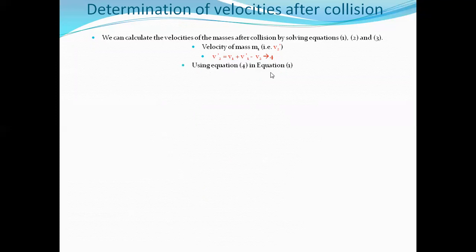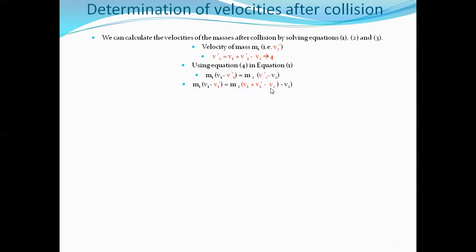Using equation 4 in equation 1, what was equation number 1? It was m1 into (v1 minus v1 dash) is equal to m2 (v2 dash minus v2). Putting the value of v2 dash in this equation, what do we get? m1 (v1 minus v1 dash) is equal to m2 into (v1 plus v1 dash minus v2), and v2 can be written as it is because we are putting in the value of v2 dash.